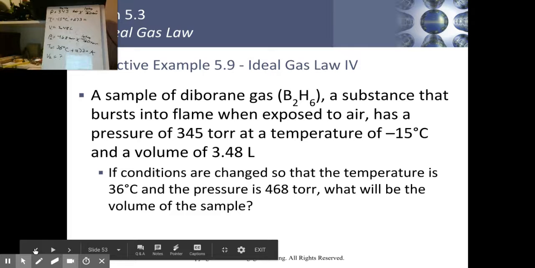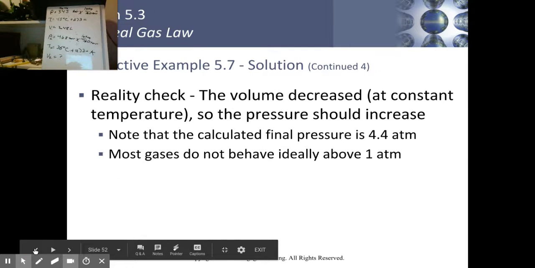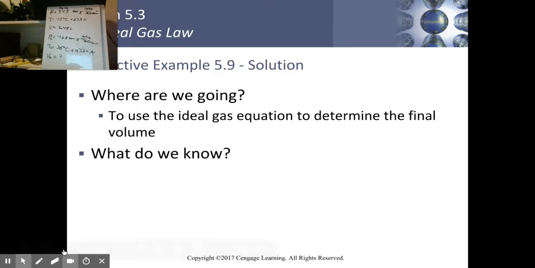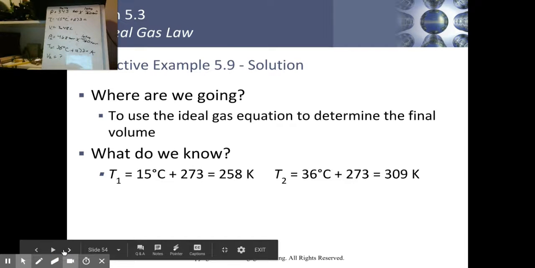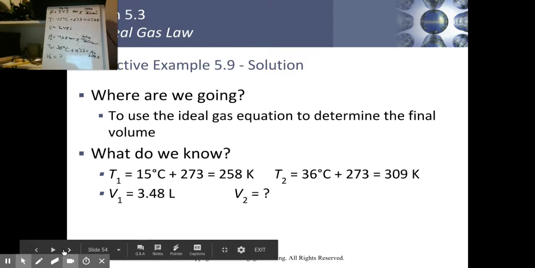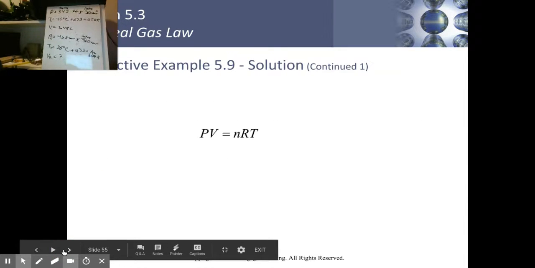This looks like we're setting it up for the combined gas law. Let's see where the book is going. Okay. So those are our temperatures. We have 258 K and we have 309 K. We have our volume and we have our pressures.